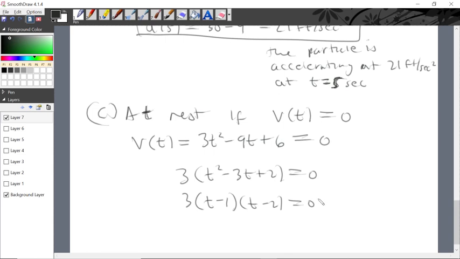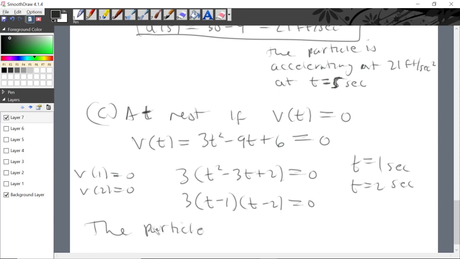So when is the velocity function equal to 0? v of t is equal to 0 when t is equal to 1 and t is equal to 2. T equals 1 and t equals 2 seconds. So what is happening at t equals 1 and t equals 2 seconds? We're saying that v of 1 would equal 0 and v of 2 is equal to 0 as well.